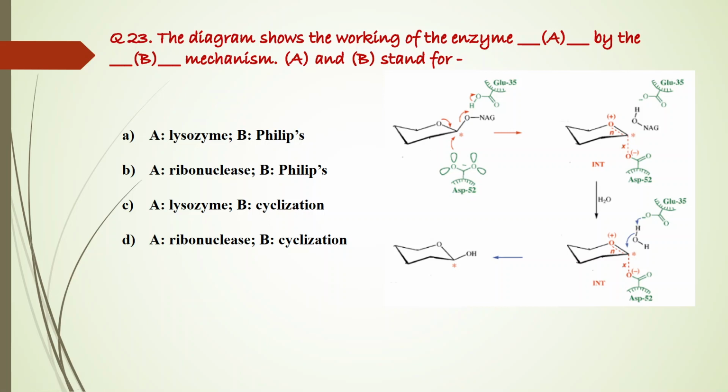They are present in the active sites of the lysozyme, and this mechanism that is shown here, that is the formation of the oxonium ion and stabilization by ASP52, and then again acid base catalysis by GLU35, is known as Phillips mechanism. So the correct option for this is the enzyme that we are talking about here is lysozyme, and this particular mechanism is called Phillips mechanism.